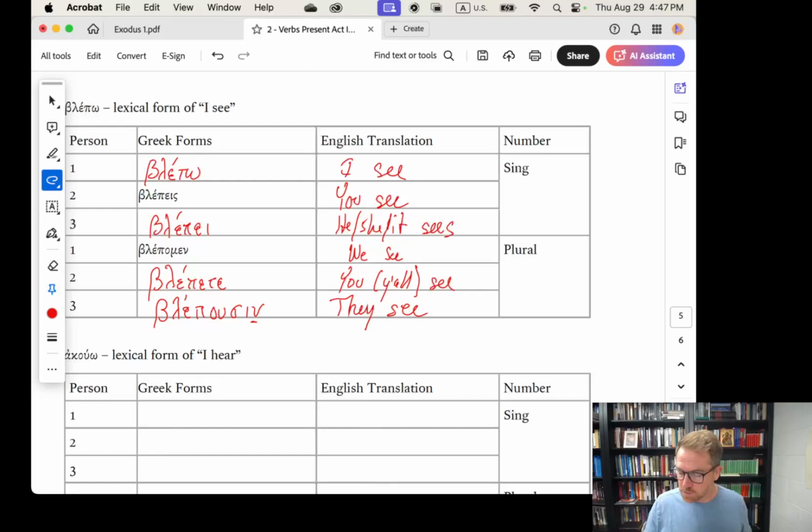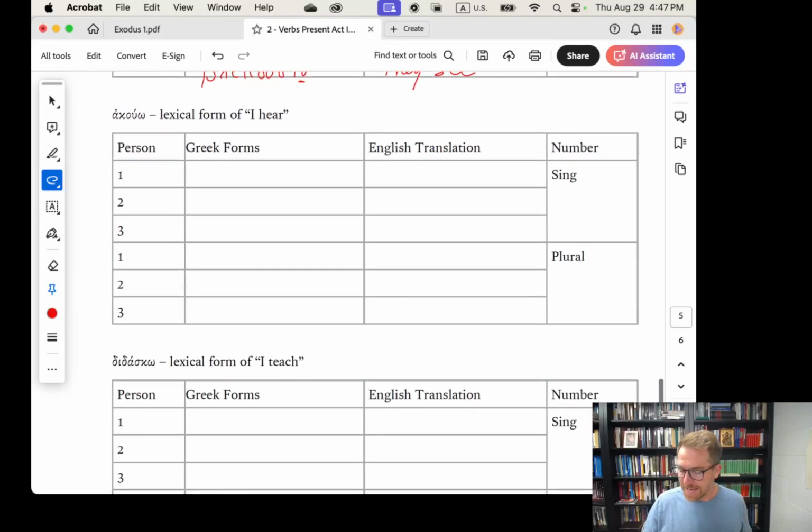So let's go with this next one, akuo, which means I hear. Let's start in the middle with the third person singular. Aku-a. This is the verb for he, she, it hears. Present active indicative. First person plural, aku-amen.